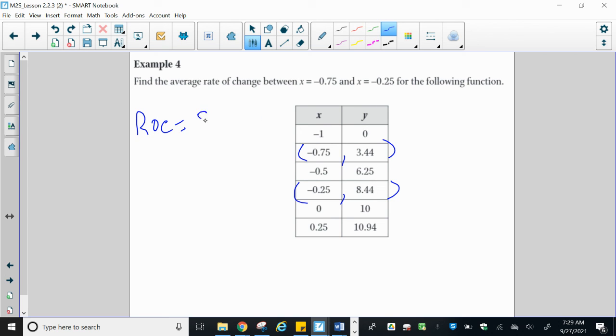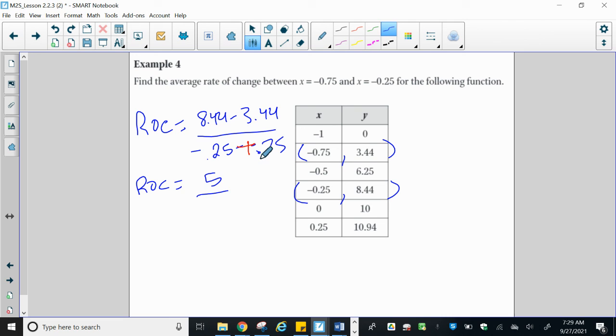So we can do 8.44, or y, minus our other y, 3.44. If we start with 8.44, we got to start with the matching x value, -0.25 minus a -0.75. On top, that makes 5 over minus a negative becomes a plus.